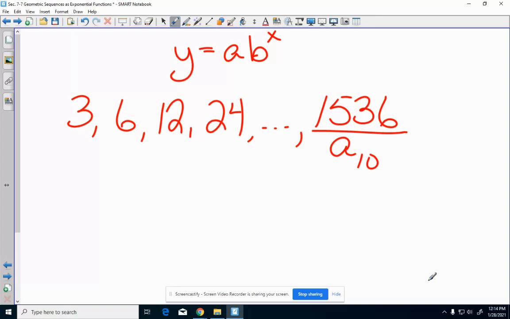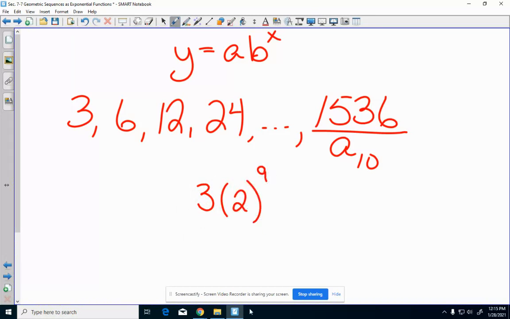Now, we're looking for the 10th term. Do you have an idea of how I could do this without the times 2's? 3 times 2 to the power of 9.